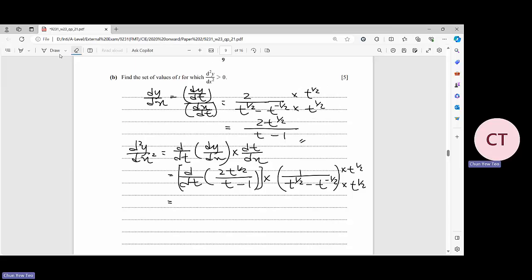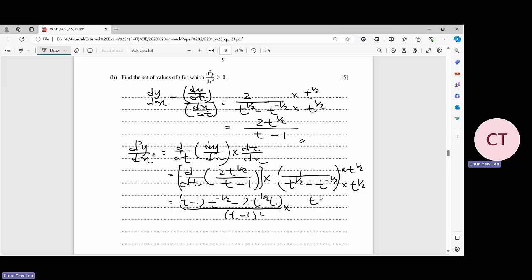So what you can do here is the differentiation: keep the bottom, differentiate the top, minus keep the top, differentiate the bottom, divided by the bottom squared.